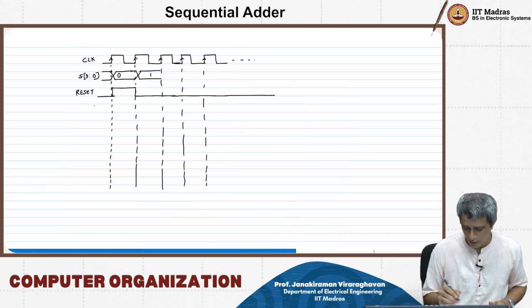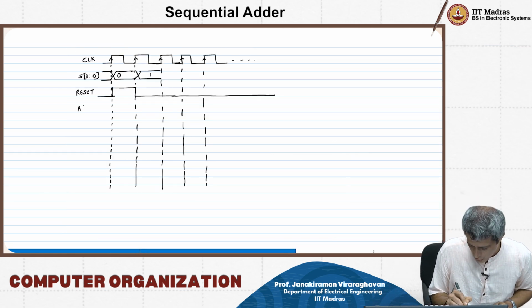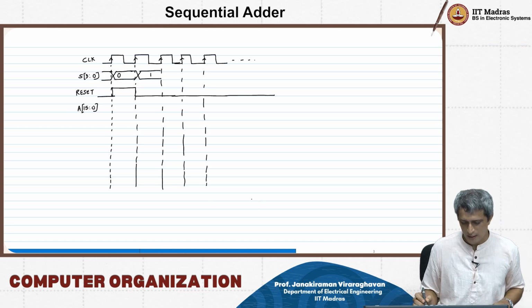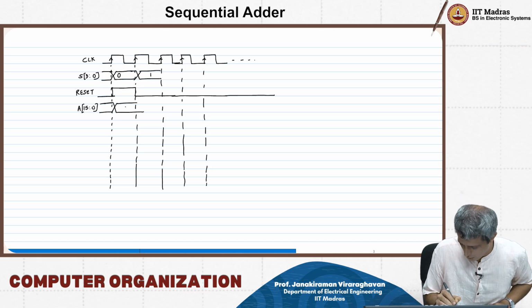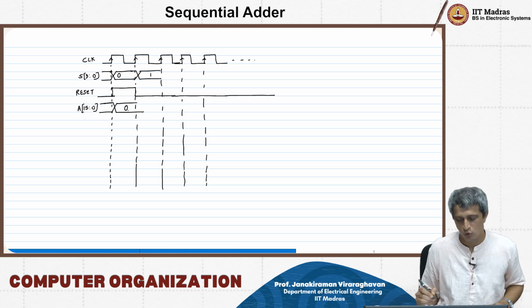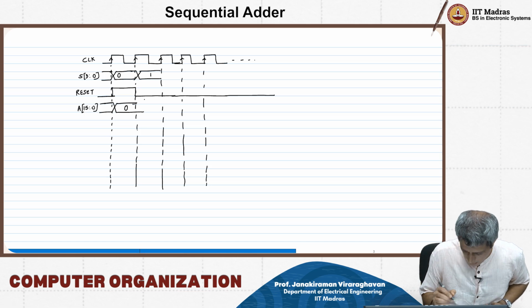So if you look at my A 15 to 0, this is just a combinational thing. After some delay, it will show the exact same value that is at the input of the mux. So you will get 0 here.